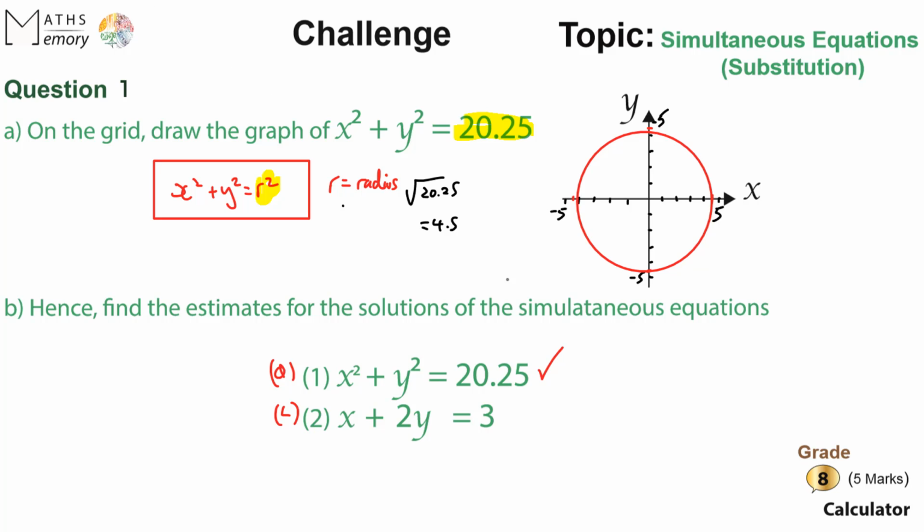For this one, let's rearrange this. Let's say we had 2y equals 3 minus x, because we want to get this in the form of y equals mx plus c, and sketch this. Let's now divide everything by 2. So y equals 3 minus x over 2. This is the same thing if we rearrange it: y equals 3 over 2 minus a half x.